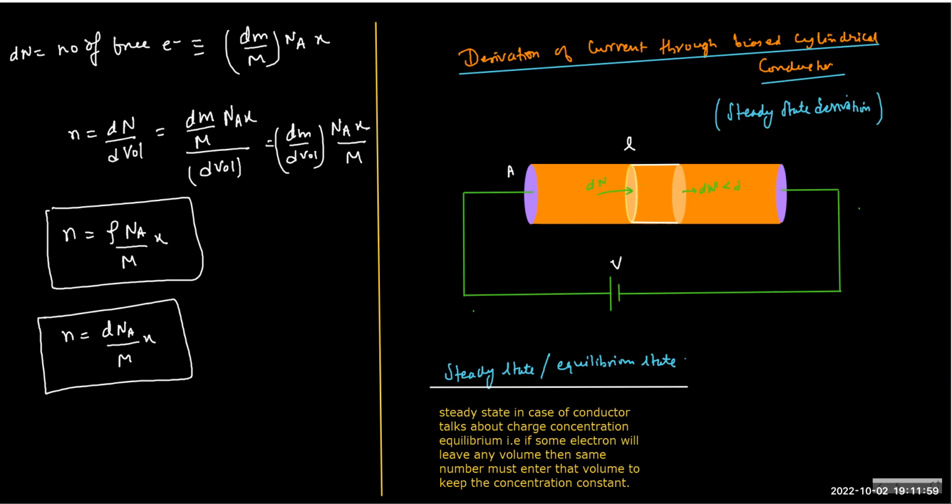When the dn here and dn here are equal, so whatever is entering from this cross section, the same must leave from here also, yes or no? Yes. If I draw a cross section somewhere beyond that, you can further apply the similar idea, that whatever is entering the new cylinder, the same must be leaving. Now, if I draw any cross section, all will witness the same number of electrons crossing the cross section, isn't it? Yes or no?